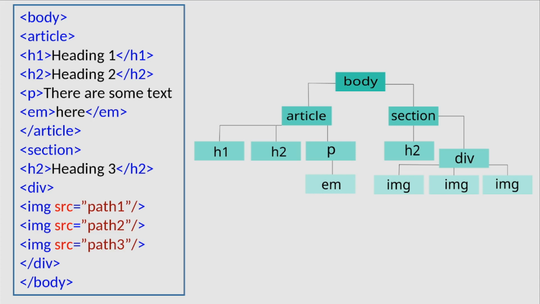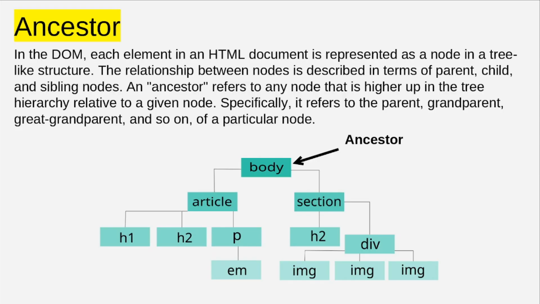In HTML, hypertext markup language, there is no specific element called ancestor. Instead, the term ancestor is a concept used in the context of the document object model, DOM, which is a programming interface for HTML and XML documents. In the DOM, each element in an HTML document is represented as a node in a tree-like structure.